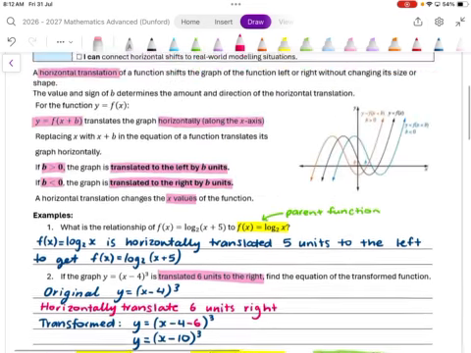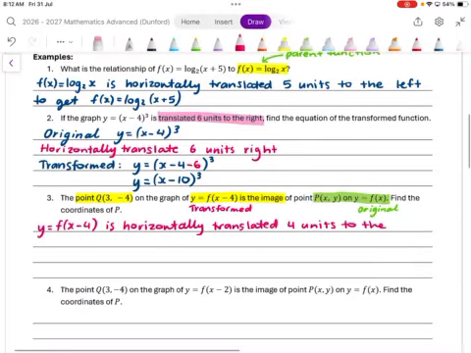But we want to go back to the original, so we want to go back 4 units to the left to get our original function y equals f of x. Does that make sense? So it's the opposite of what has actually happened.